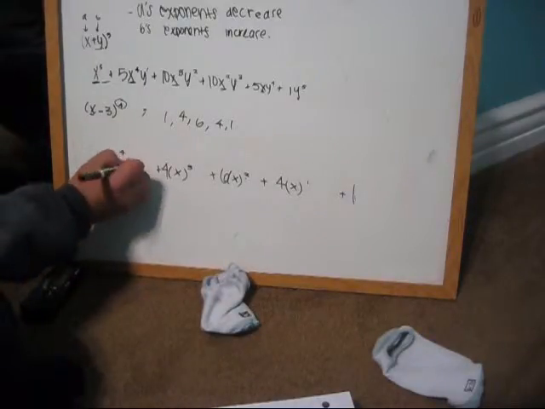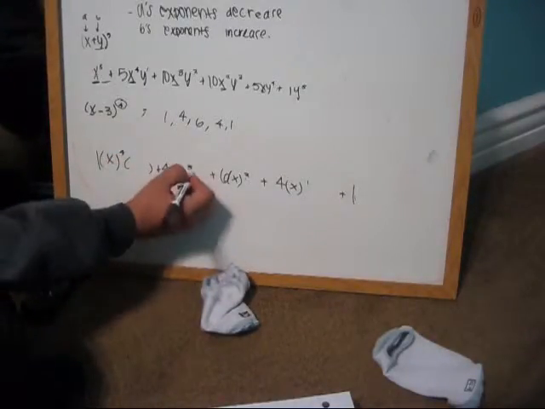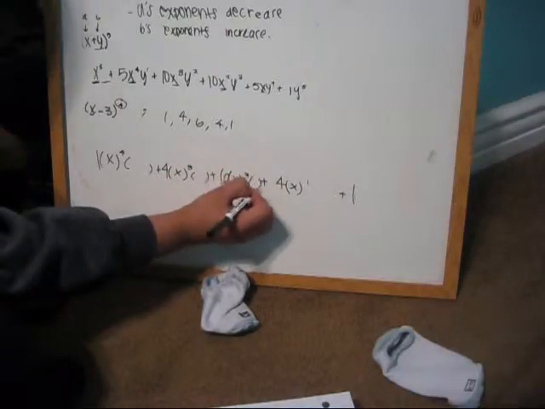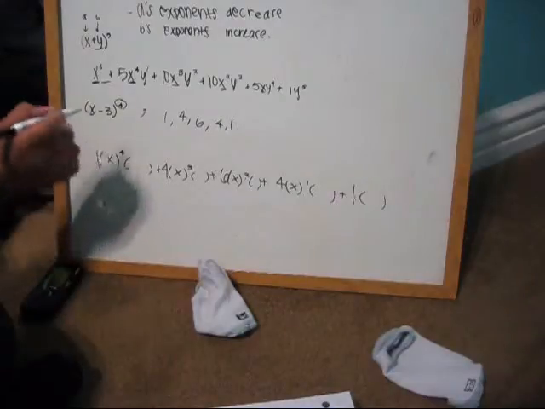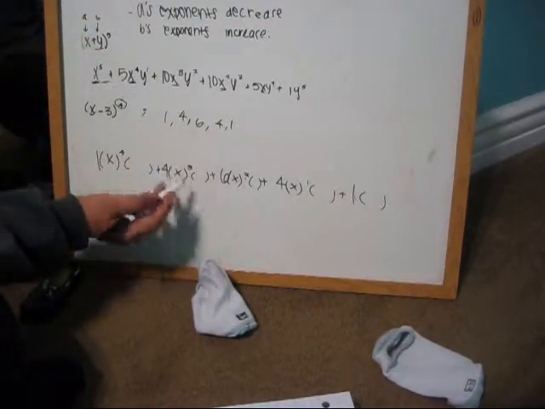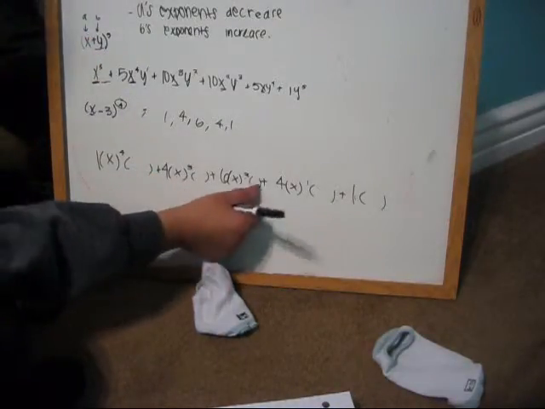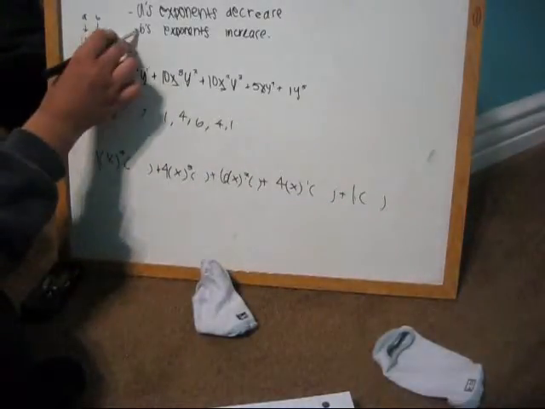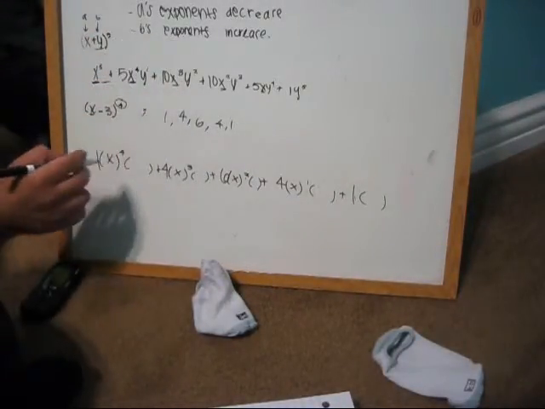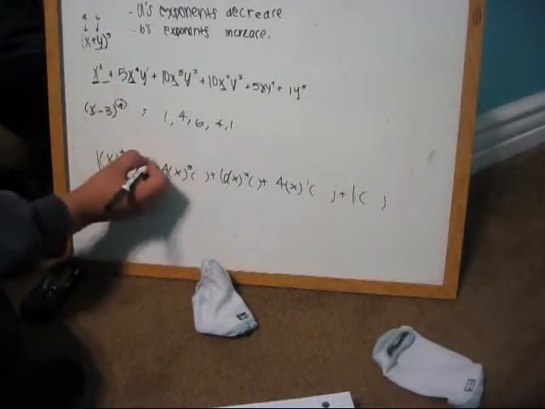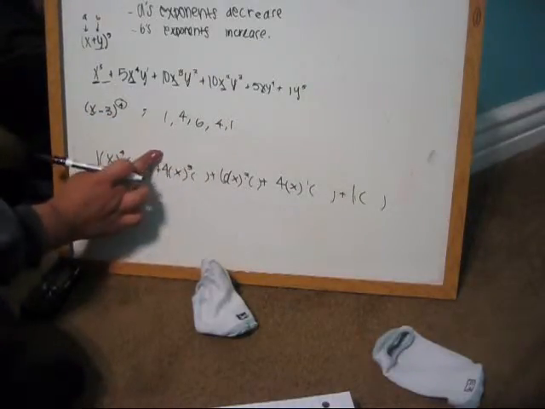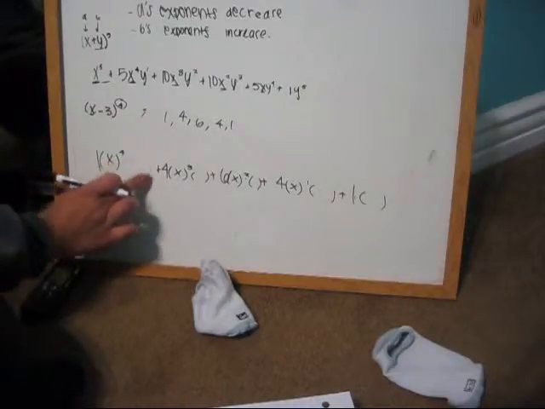Then you fill in your b's, b, b, b, b, and b. And we know that our b's exponents increase. So we know that we have to get to 4, so you start off with 0, which means you really don't need this because it's just 1.